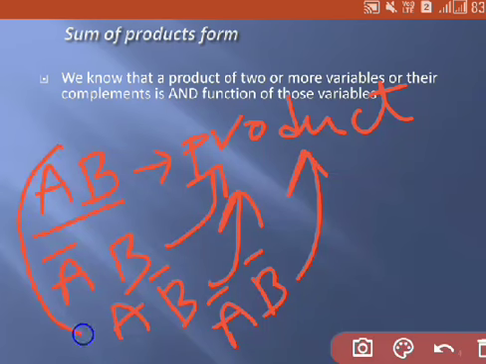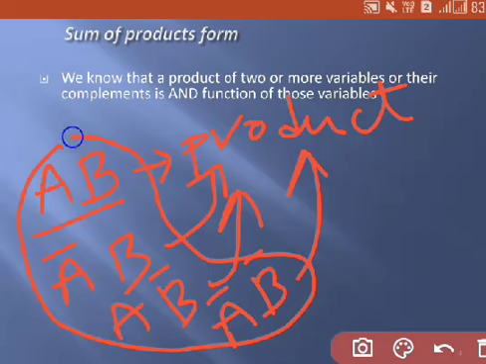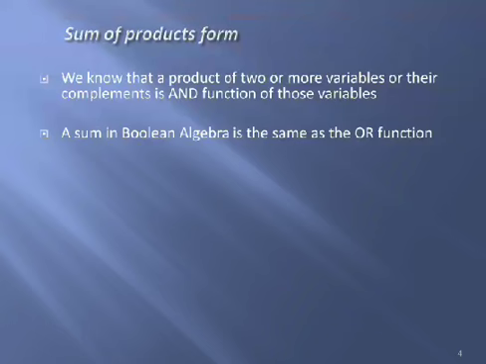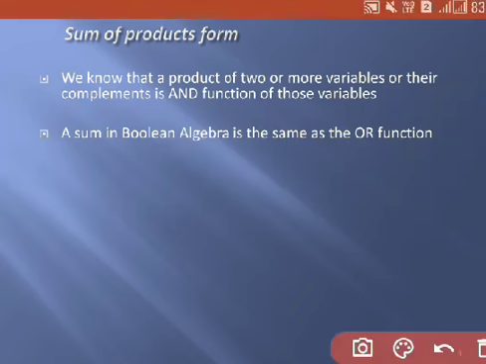And these product terms are mainly implemented with the help of AND gates. And the next one, a sum in Boolean algebra is the same as OR function. Sum is nothing but OR function.